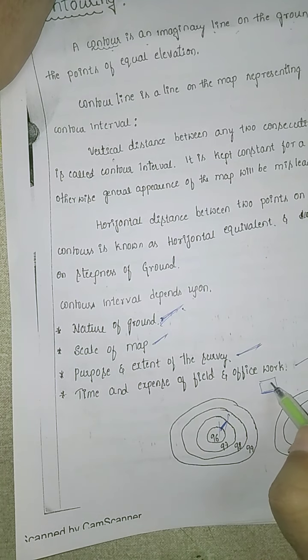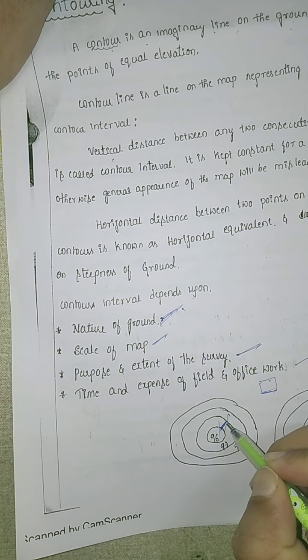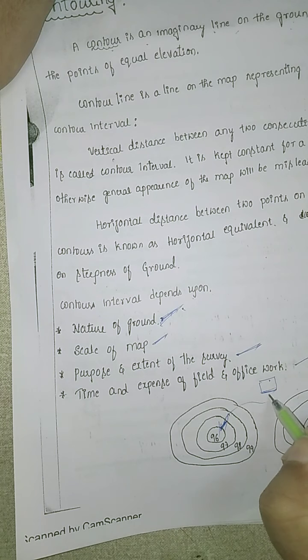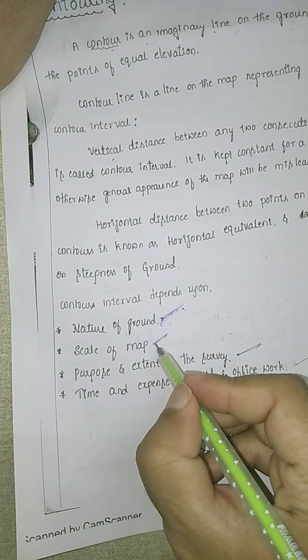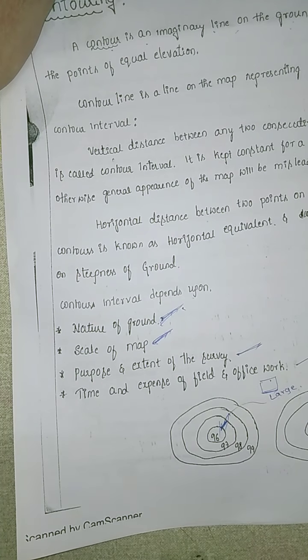If the scale is small, then the contour interval should be large. If the scale is large, the contour interval should be smaller. So this is how the scale of the map is going to matter.